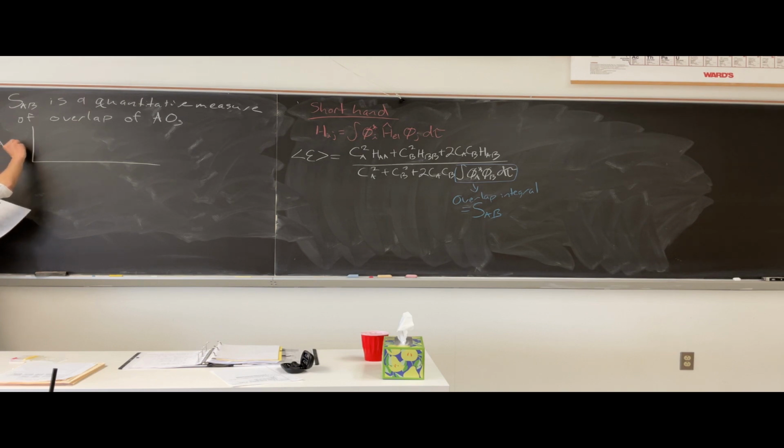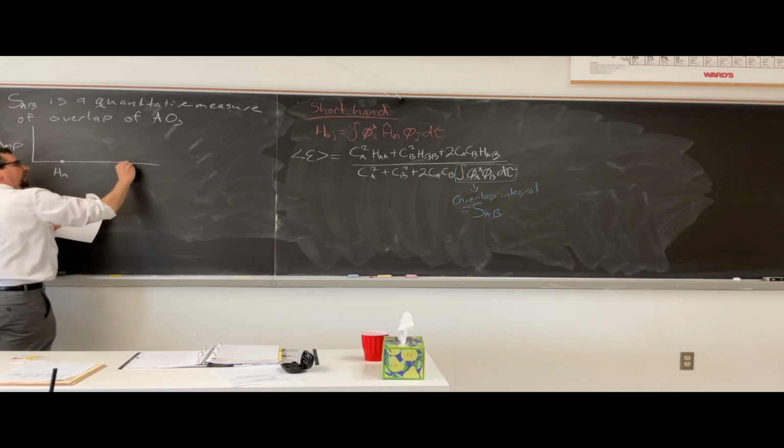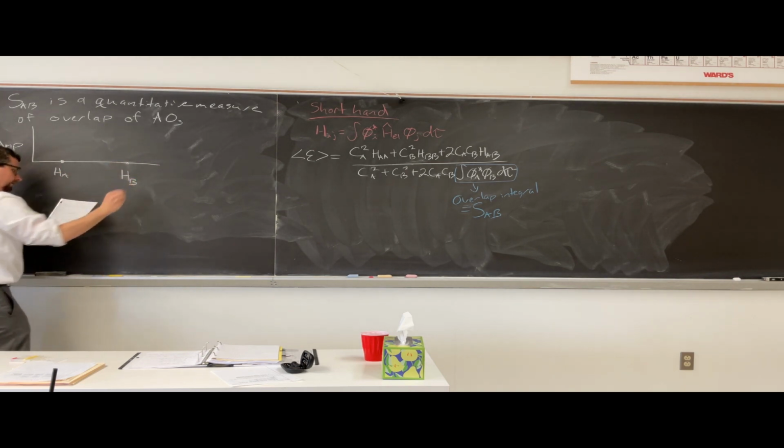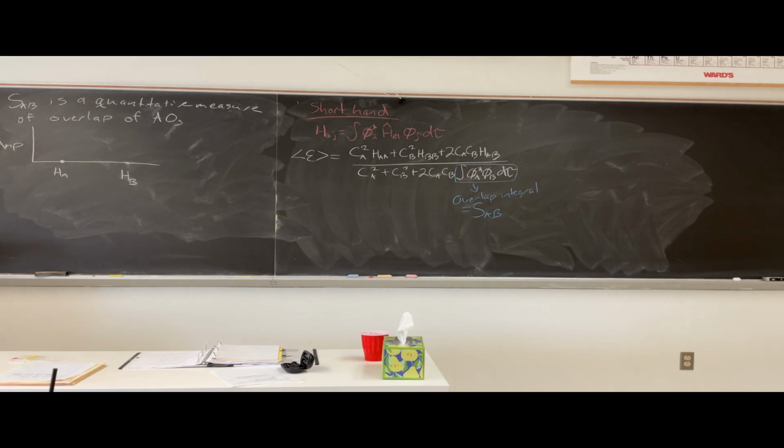We're going to have amplitude along here, and then we're going to have location. Say we have HA and HB here, so this is the location of the nuclei. If we look at the 1s orbital, what does the electron density look like?